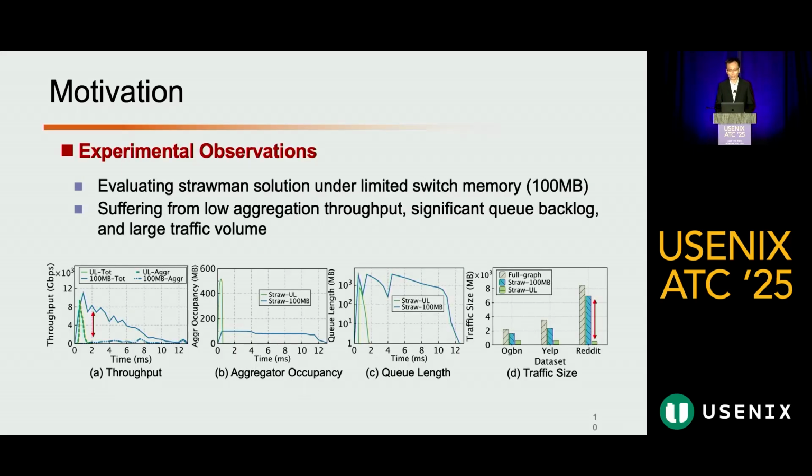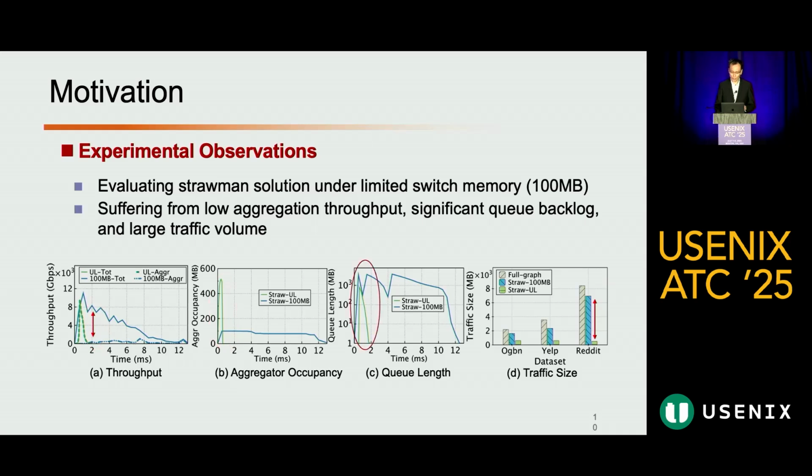But in our experiments with 100 megabytes of switch memory, we observed some problems. With this naive strawman approach, we simulated a star topology with 128 workers in NS3 and tested both unlimited and 100 megabyte memory setups. In part A, you can see the throughput drops under memory constraints.